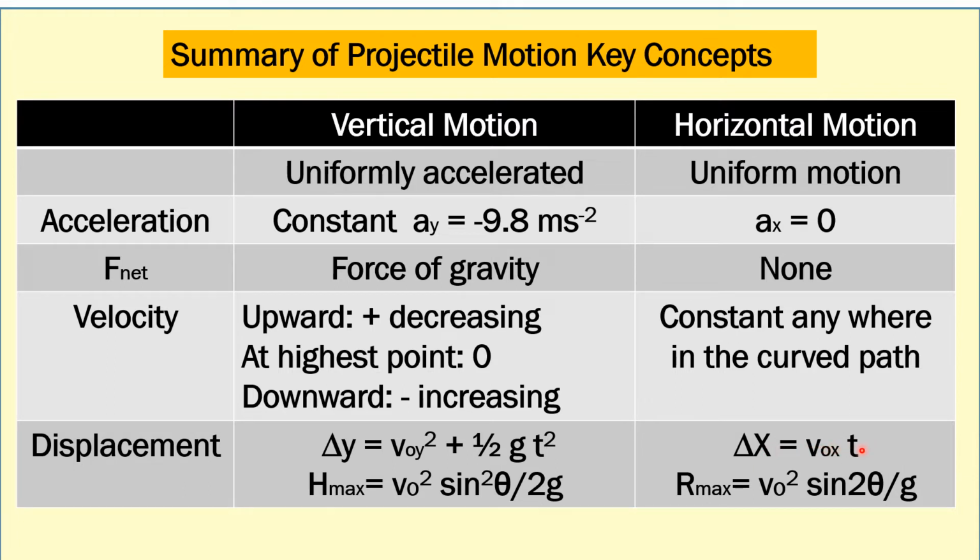And speaking about the maximum range, we also have a derived formula. This is similar to the case of the maximum height. To determine the maximum range traveled by the projectile, we just get the square of the initial velocity or initial speed, then multiply it with this quantity, sine 2 theta divided by g.